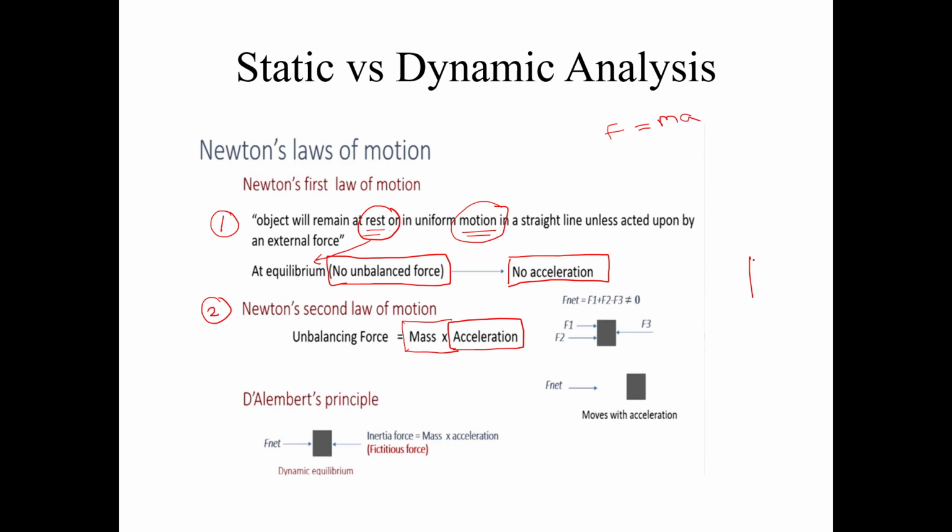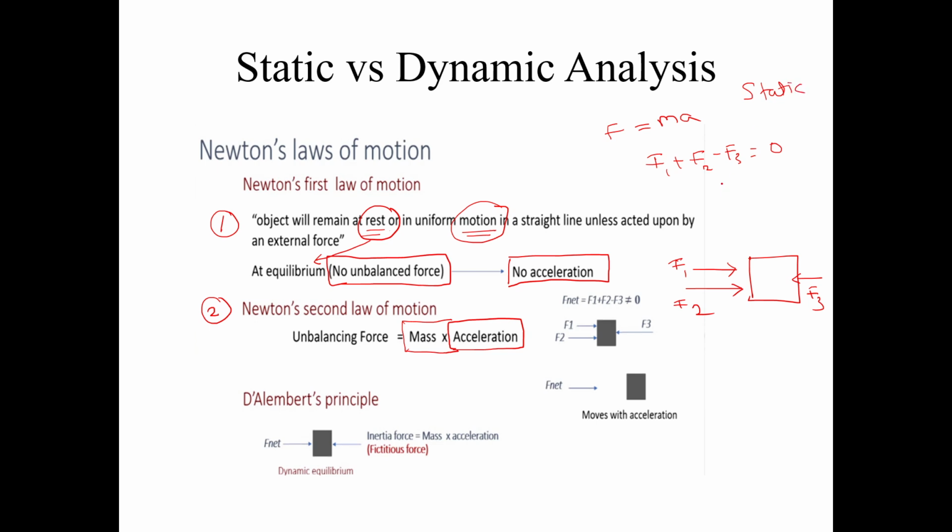Now consider one system in which forces F1, F2 and F3 are acting. If the object is at rest, then F1 plus F2 minus F3 will be equal to 0. That is our static analysis case.